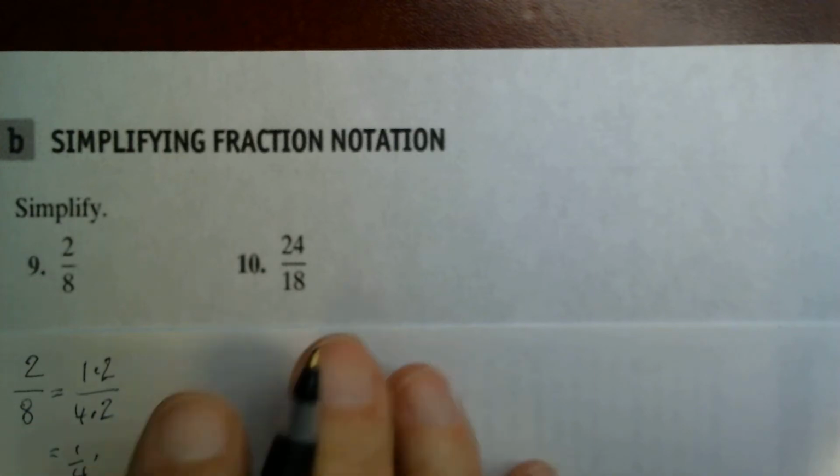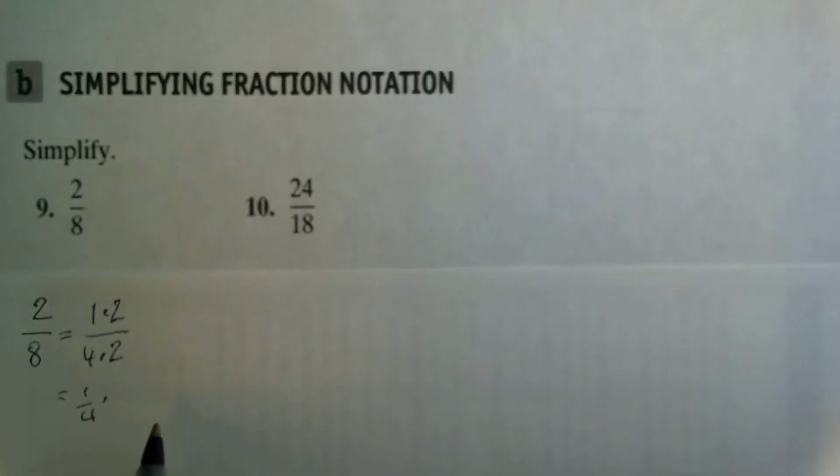For example, to simplify the fraction 2 divided by 8, we reverse the process we did just a moment ago. So in other words, we write 2 divided by 8, and we know we can factor 2 as 1 times 2. And we can factor 8 as 4 times 2. And so then we can write that as 1 divided by 4 times 2 divided by 2.